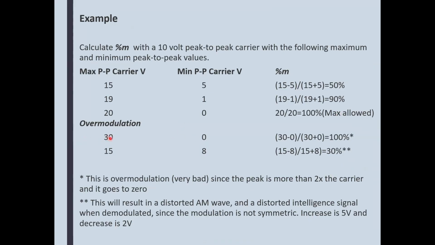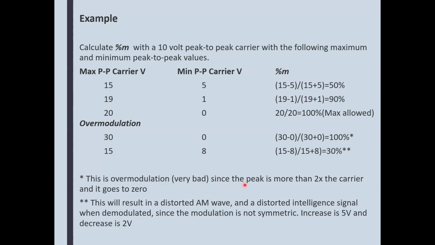And if you take a look at this, it goes to 30 and 0. Yes, we kind of get the value of 100%, but it's 100% with the asterisks. Here, this is overmodulation. Very, very bad.